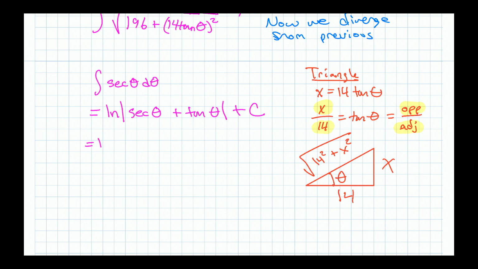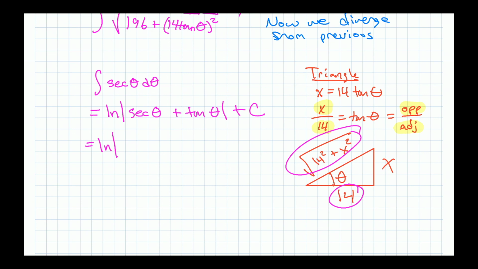So then we come back here: natural log, absolute value, secant theta. What's a secant? Secant is going to be hypotenuse over adjacent, because it's upside down cosine.